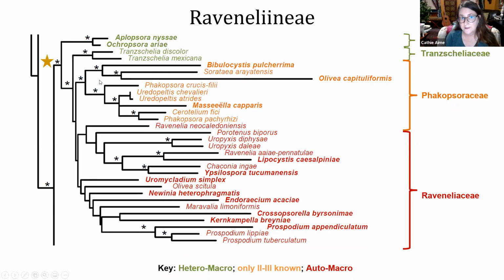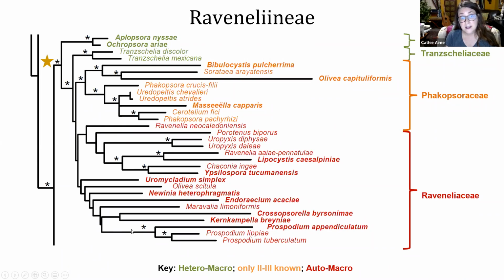The next family is only known from uredinia and telia. So there's about 100 species in this family in the phylogeny, and all of them are only known as II, III. They produce basidiospores from those telia, but they do not reinfect the same host, and they've never been shown to reinfect anything else. So they just persist in the II, III stage.